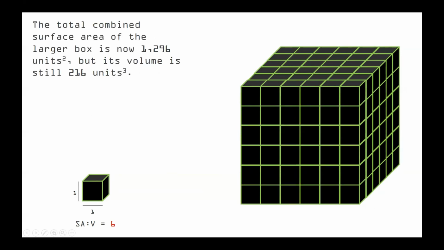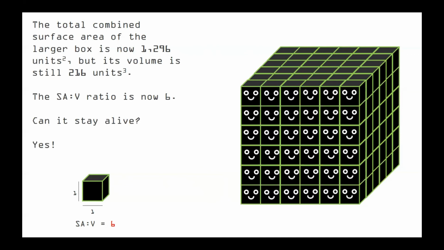The total combined surface area that we have now, including all the edges that we can't see here, is now 1,296 units squared. But its volume is still that 216 units cubed. So now our surface area to volume ratio is 6, and we can stay alive.